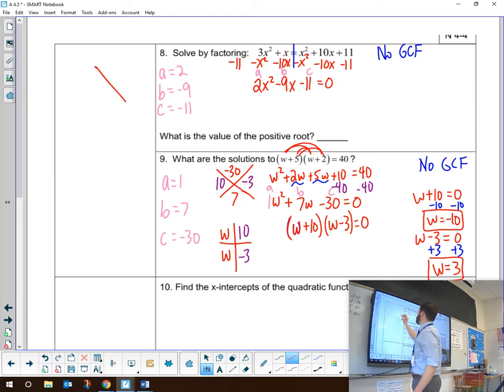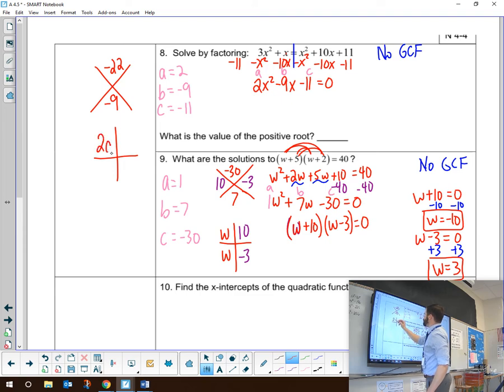Let's do it out here this time. x and plus. On top of my x, 2 times negative 11 is going to be negative 22. All right? Then, on bottom, we're going to have a negative 9. And then on the plus, we have a 2x, not a 2a, a 2x.